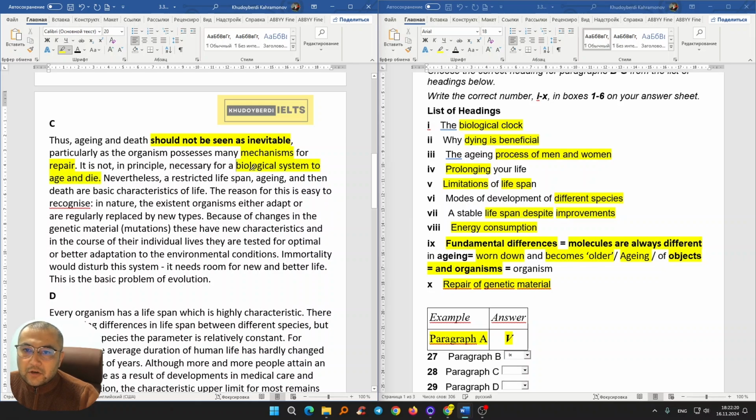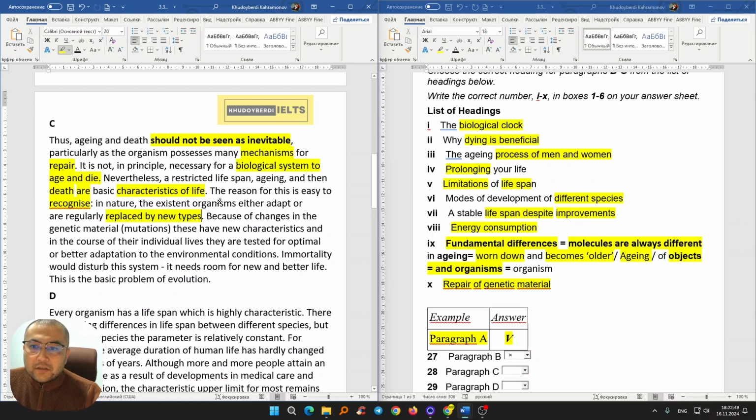So it's not talking about the dying of a person, but the dying of a biological system, right? And nevertheless, a restrictive lifespan, aging, and then death are basic characteristics of life. The reason for this is easy to recognize. In nature, the existing organisms either adapt or are regularly replaced by new types. It's talking about dying, right?